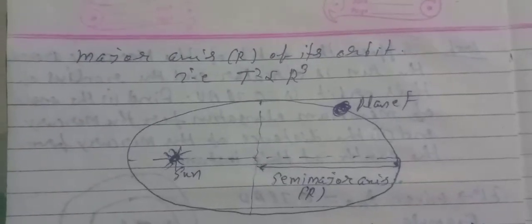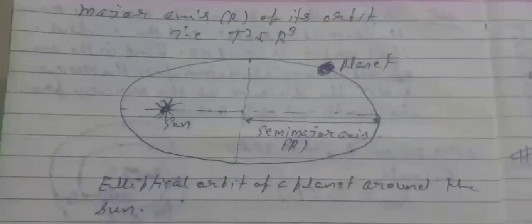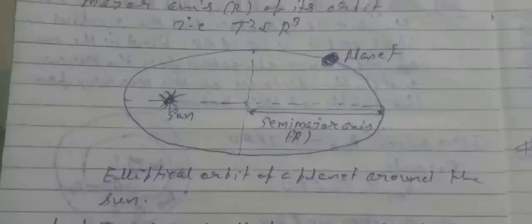That is, T square is proportional to R cube, where T is the time period and R is the semi-major axis. Here we are considering the orbit is elliptical, not circular.